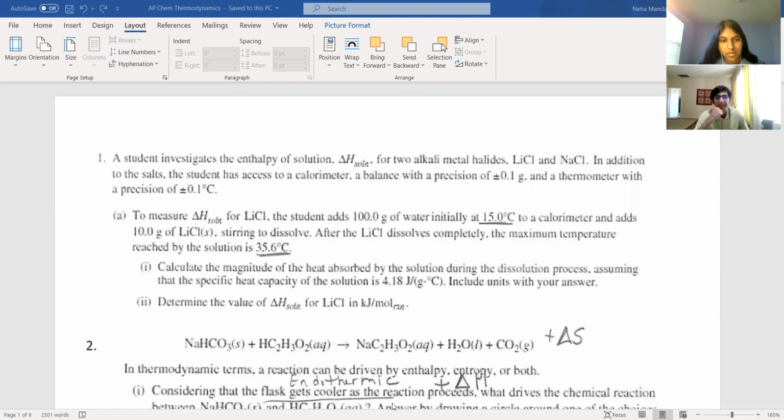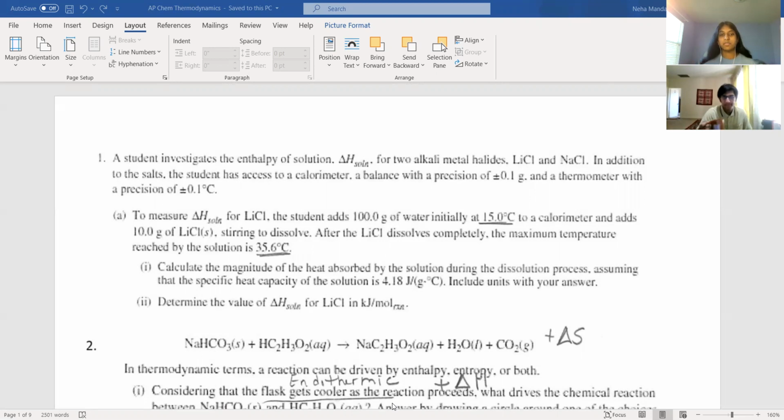Yeah. So basically, there's 100 grams of water, and then there's also 10 grams of LiCl, right? So add both of those together since it's a combined solution. So 110 grams to start out. The formula is Q equals mc delta T, right?